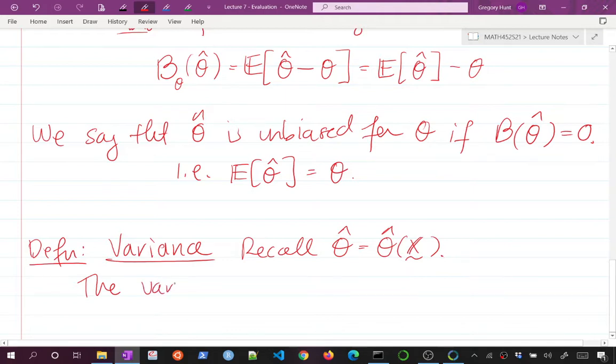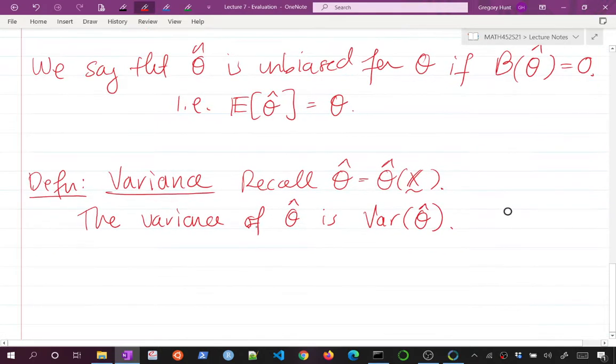The variance of theta hat is, of course, Var(theta hat). It's kind of a vacuous statement to make, but I'm just reminding you that theta hat is random, and not only has an expectation, a mean, it also has a variance. There are other moments too, but two important moments we know are the expected value and the variance. Just like any other random variable, theta hat will have a variance.